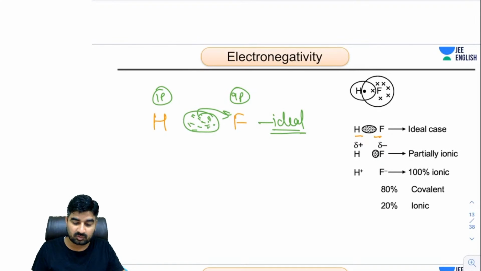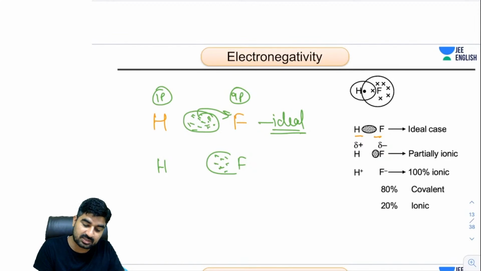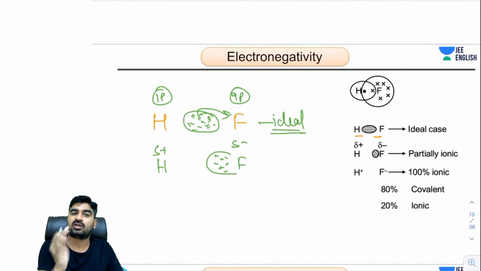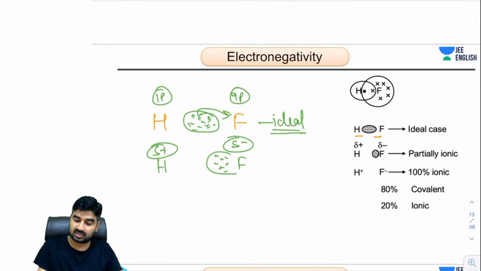Fluorine will attract them with a large force, so this cloud will shift towards fluorine itself. So fluorine will have partial negative charge because electrons are negative and they are close to fluorine, and hydrogen will have partial positive charge, equal in magnitude. I am here making partial positive, partial negative, partially ionic, right?